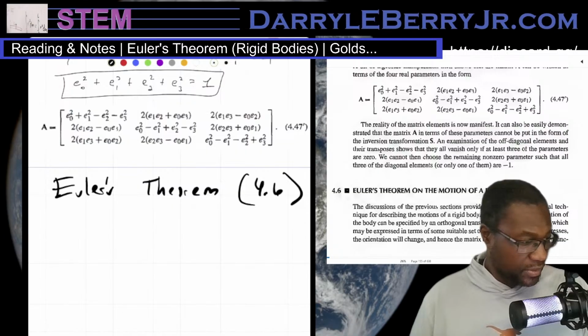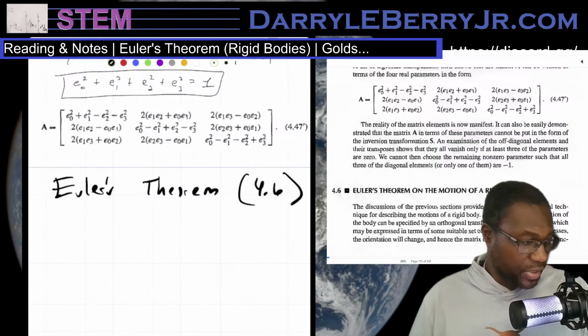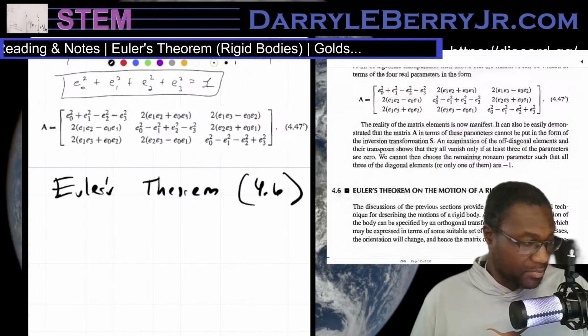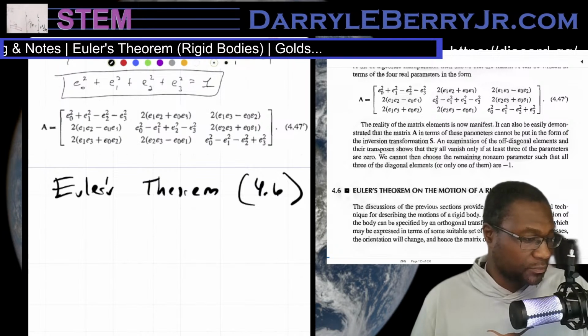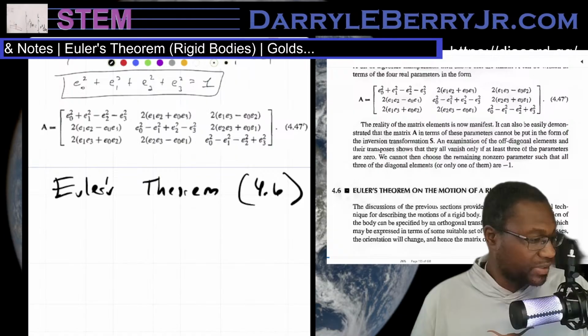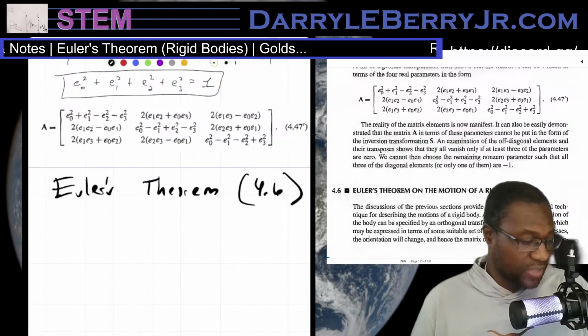The discussions of the previous section provide a complete mathematical technique for describing the motions of a rigid body. At any instant, the orientation of the body can be specified by an orthogonal transformation, the elements of which may be expressed in terms of some suitable set of parameters.